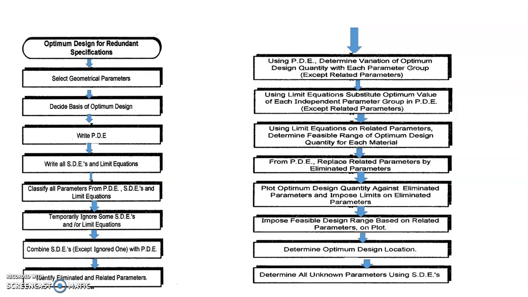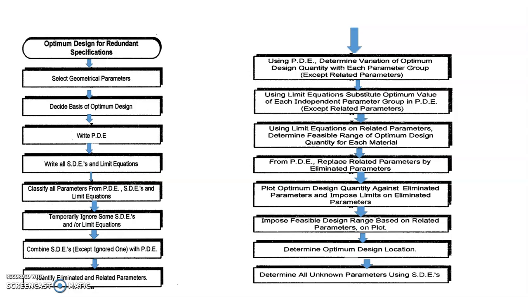Then what is the important difference between this case and the previous case? We are going to temporarily ignore some SDE or limiting equation. Then, after temporarily ignoring some SDE and LE, we are going to combine the SDE with the PDE.